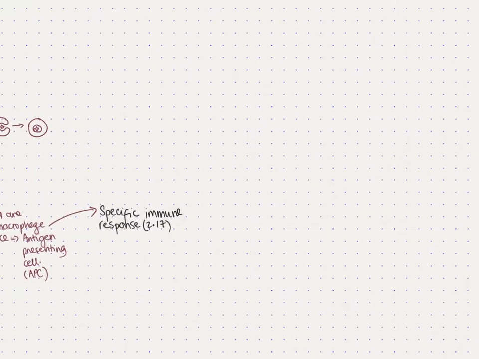And we're going to look at the first example up here in green. Now this is the faster of the two responses. It's going to occur a lot more readily. It means that we're going to trigger the second response afterwards. And this first type is the cell mediated response.